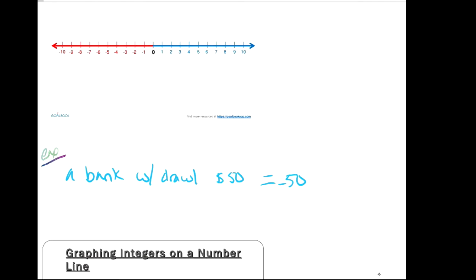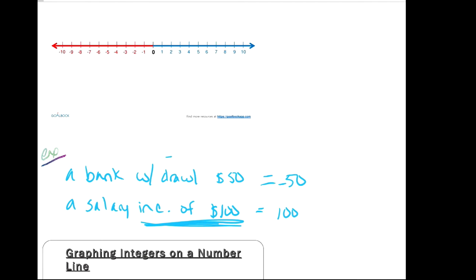Similarly, if I had something like a salary increase of $100, now that represents a positive net gain. And so that number represented there would simply be 100.